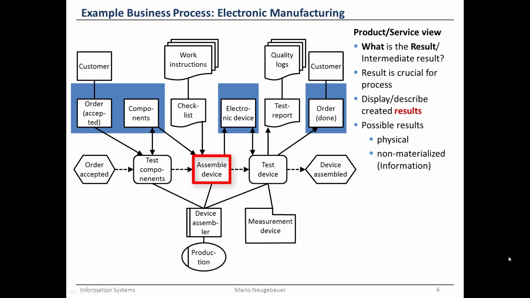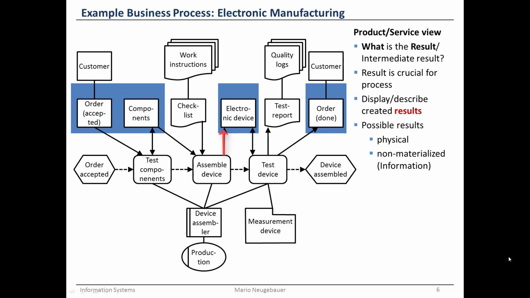And for assembling the device, you also need components. So you refer to these components, and these components are then part of the product or the service view. The same with the electronic device. The electronic device is finally a result of the step assemble device.